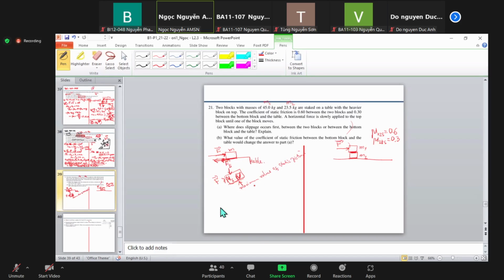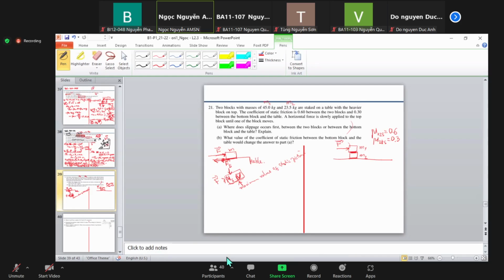Okay, when the force you are acting on the object is larger than the maximum value of static friction, the object starts moving, and when it has moved, you don't have static friction anymore.